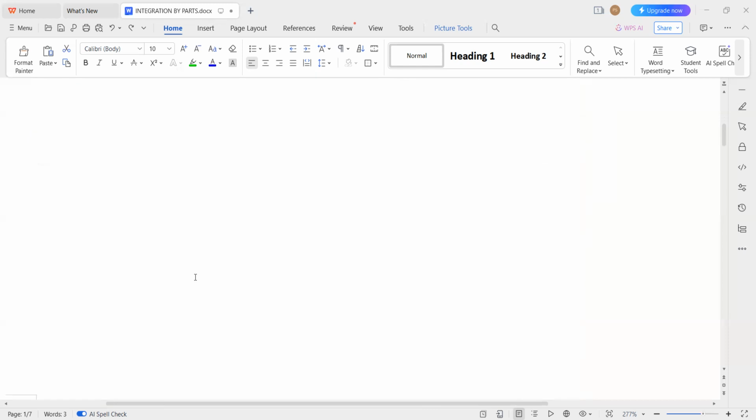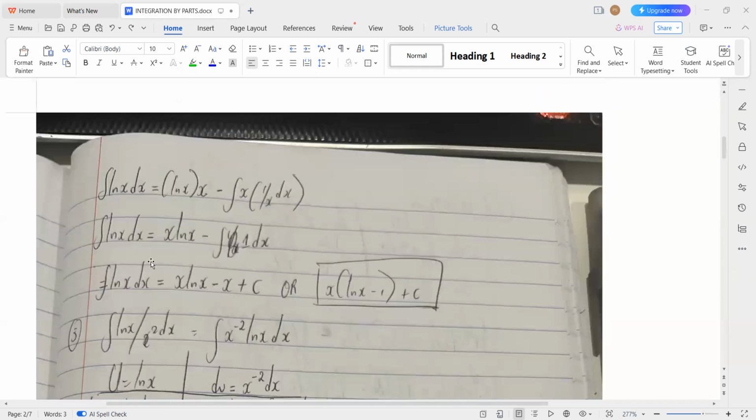So we say use natural log of x times v, x, minus integral of v, which is x, open bracket, du, which is 1 over x dx.